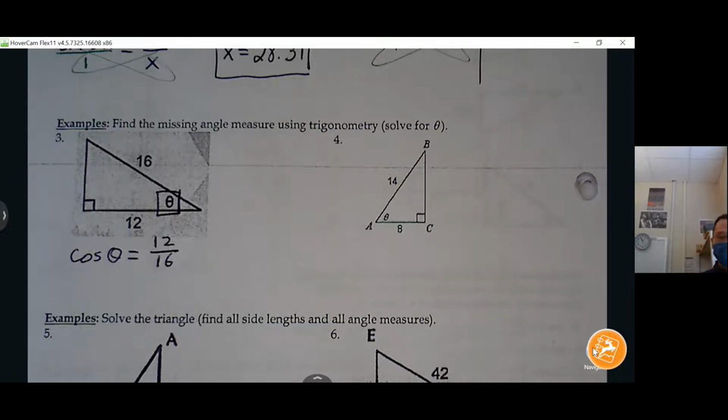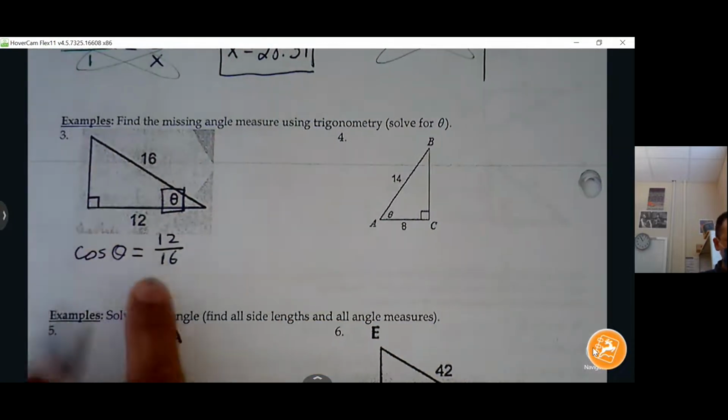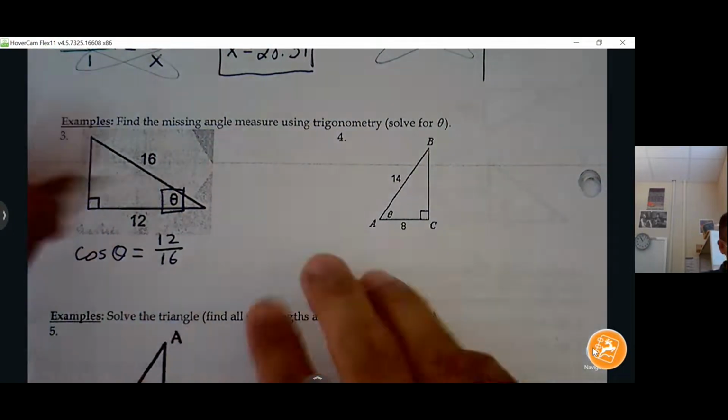So what we have to do is involve inverse cosine. Inverse cosine will allow us to basically release that theta from cosine and get that theta by itself. Let me show you the long way of doing this. We're going to take the inverse cosine of both sides.